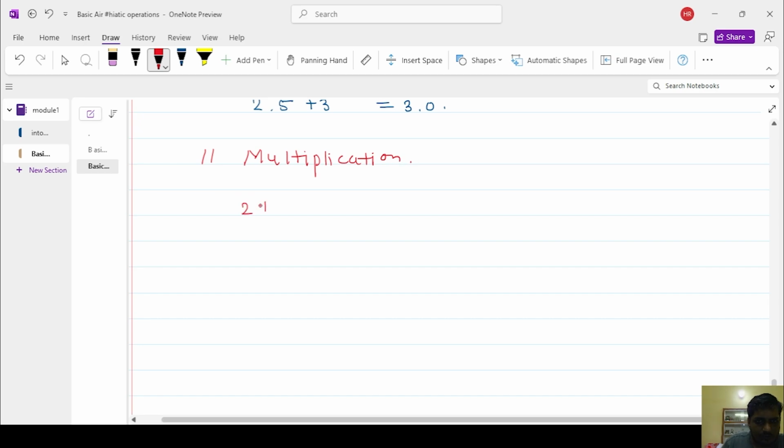If 2 is multiplied by 2.4, the result is 4.8, so the decimal takes precedence.